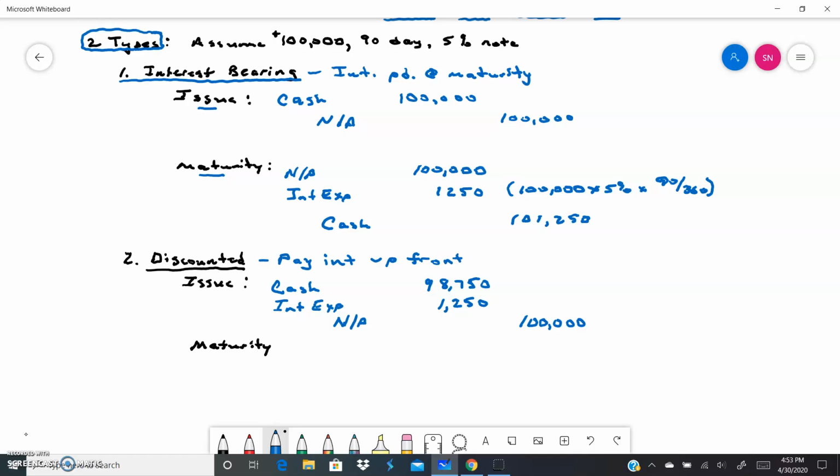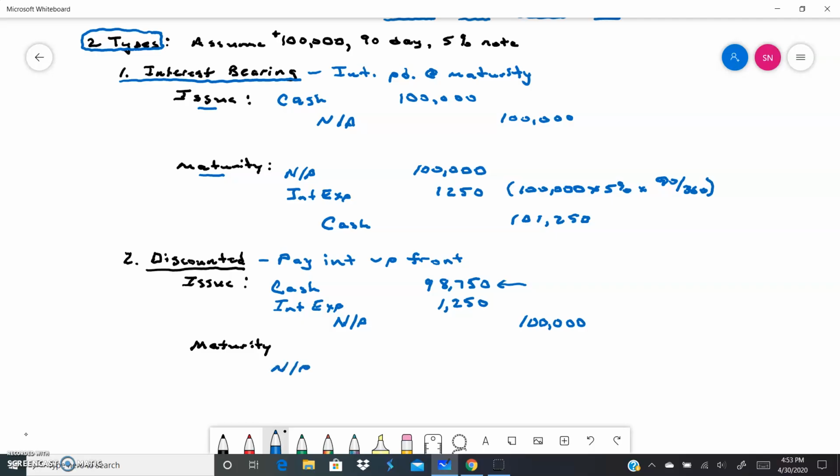So again, the note is still for $100,000. However, we're paying the interest in this case up front, so we're receiving the $100,000 less the amount of the interest. We're only receiving $98,750. At the maturity date, since we've already paid the interest, what we do is we pay off the note.